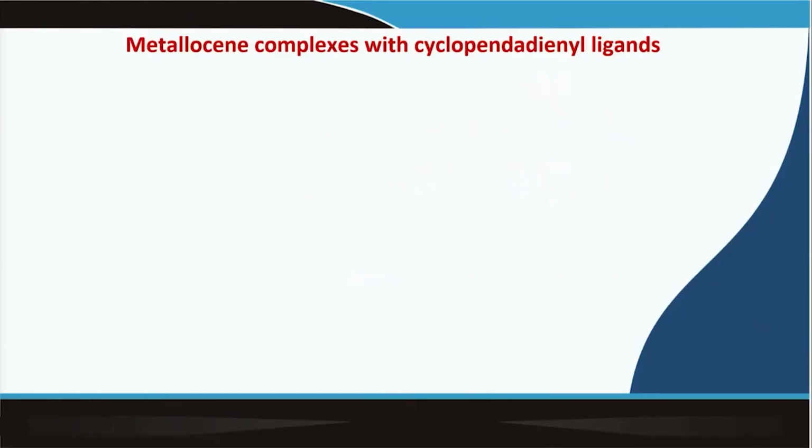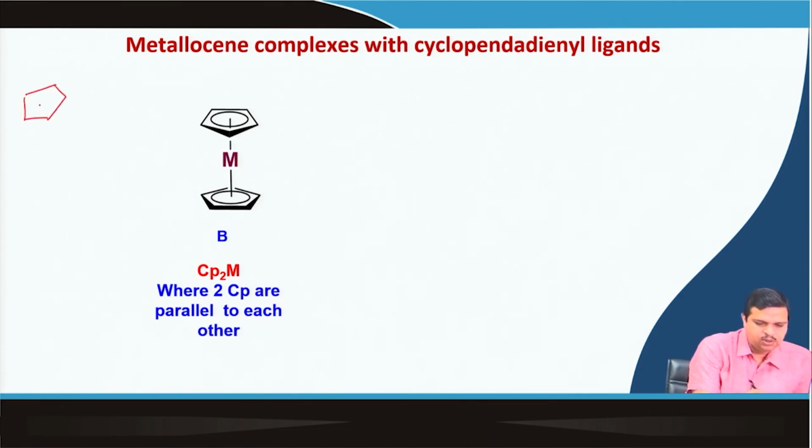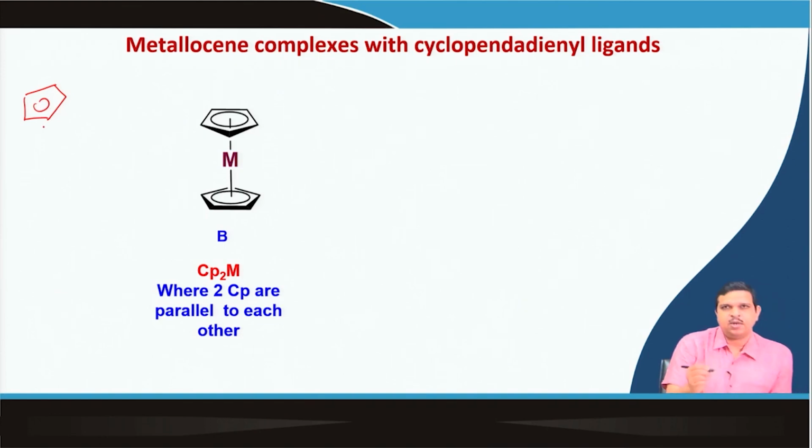As you know, the eta 5 Cp mode we discussed extensively in the last class. We will discuss the synthesis later, after understanding the bonding, and then we will discuss how to synthesize the ligands as well as the metal complex, the common synthetic protocols.